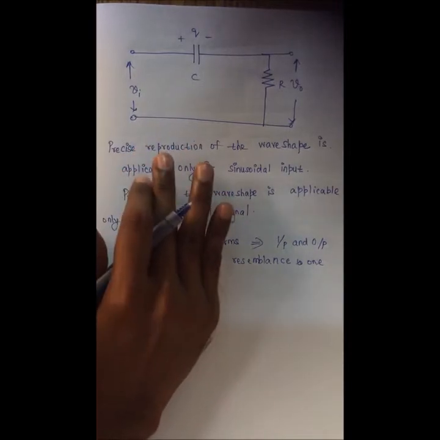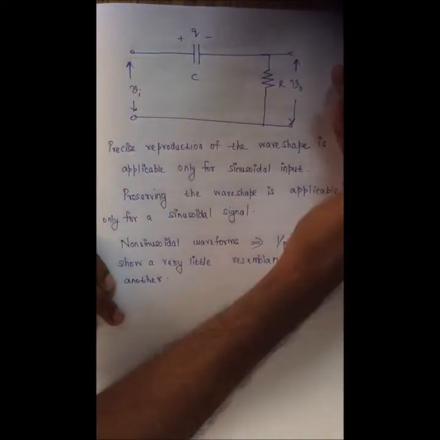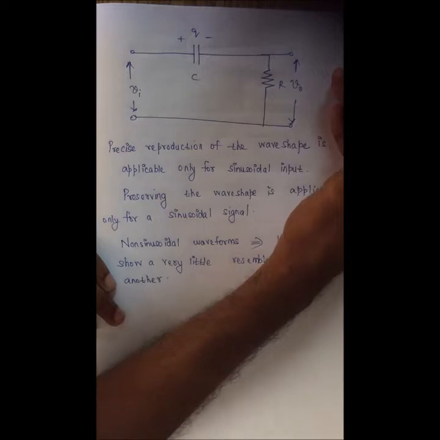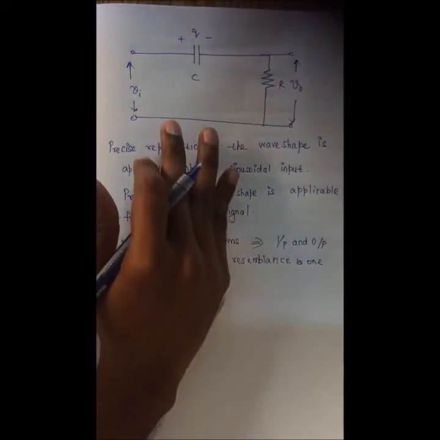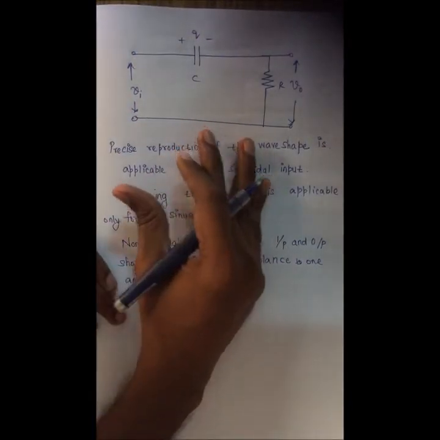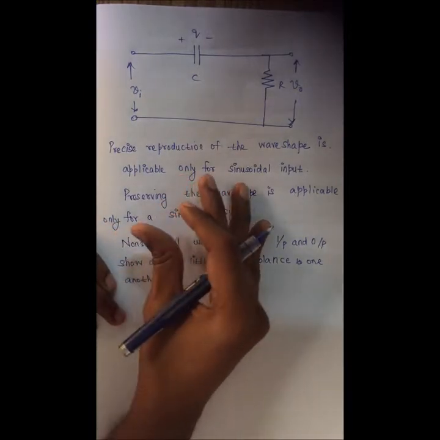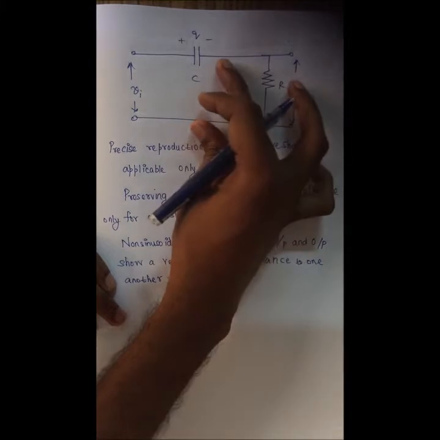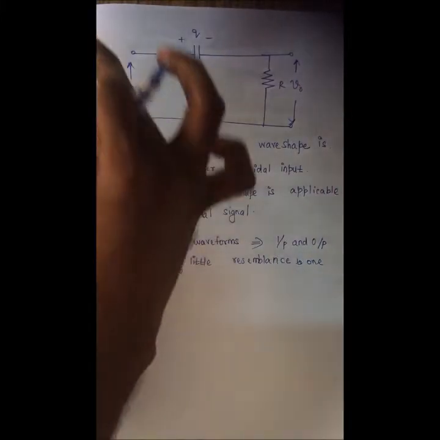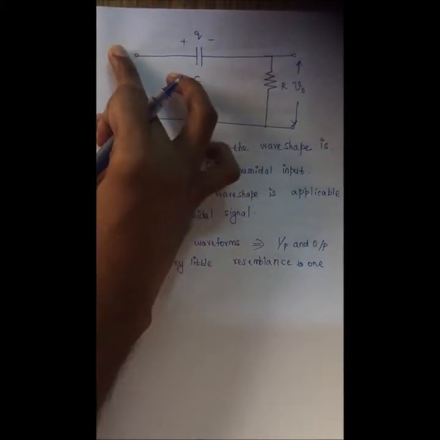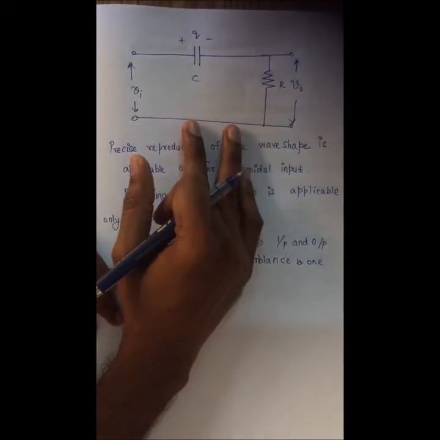Because if you give a sinusoidal, the output is going to be sinusoidal. So the choice of the waveform is very important. What kind of waveform are you going to choose? If you wanted to use this circuit for wave shaping, then you need to go for a non-sinusoidal waveform. You cannot use a sinusoidal waveform.